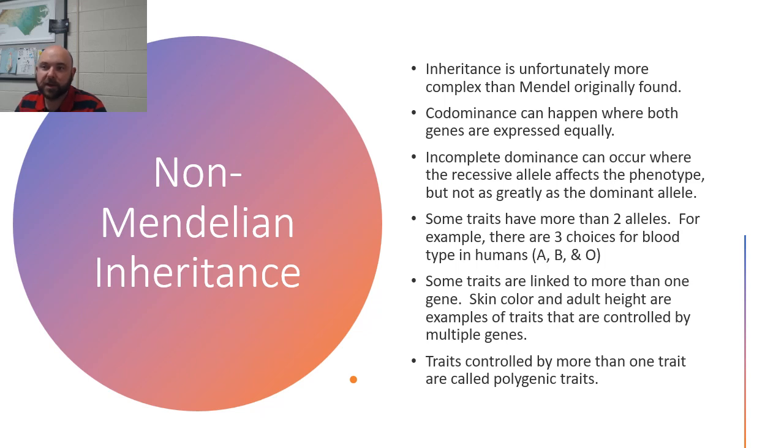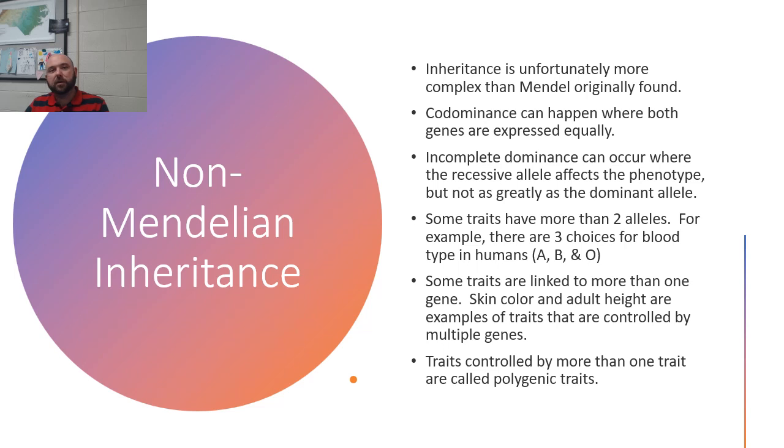With all of that said, human inheritance and complex genetics is a little bit more complex than the original models shown by the pea plants. Of course, humans have much variation in the characteristics that they show. The earlier example that I said was eye color: brown eyes and blue eyes and green eyes and hazel eyes.